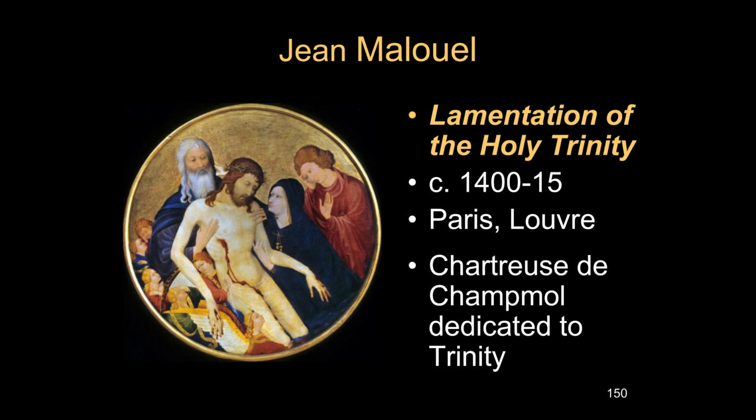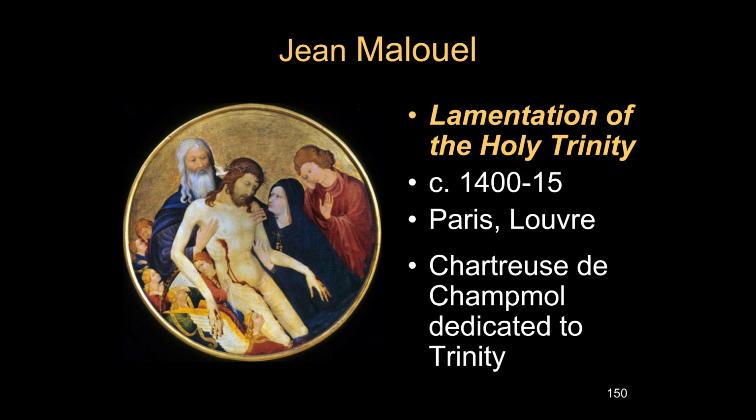Because of descriptions of the works, and particularly because the Chartreuse de Champmol was dedicated to the Trinity, it's believed that this is one of the works that is mentioned in the documents. It is a tondo, or a round panel painting.